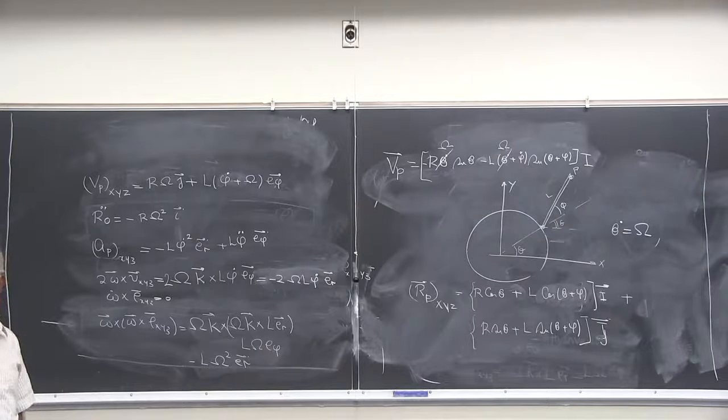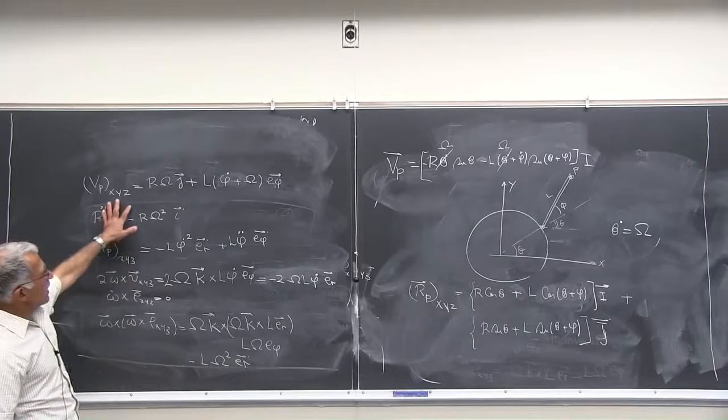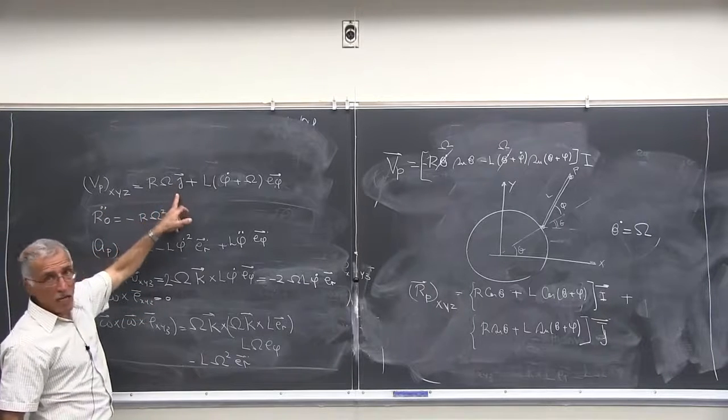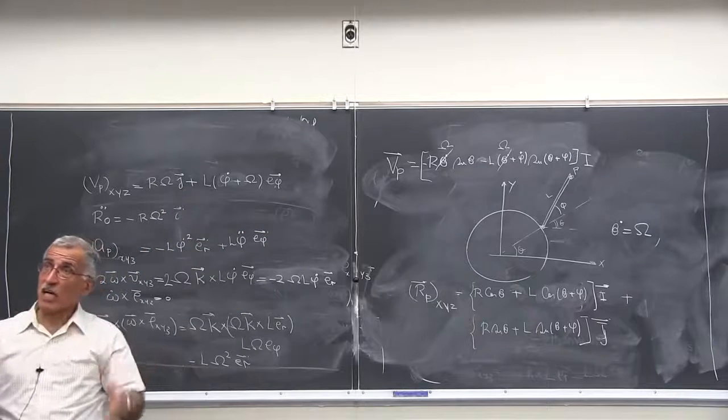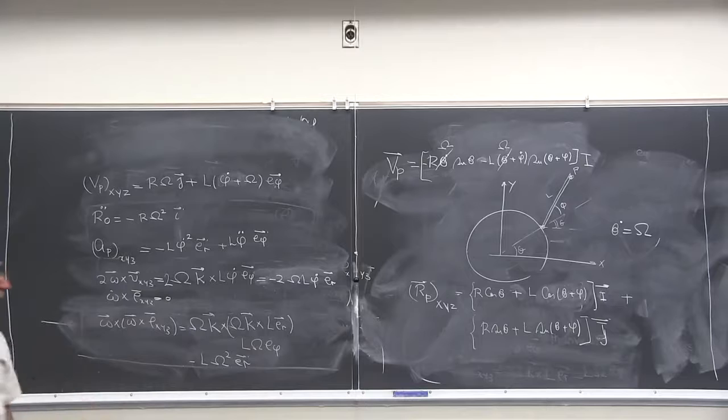Of course, in certain problems it's much more difficult to describe the position. And if you take the velocity that we just had here, put a small j and e phi with respect to capital I and J, you should get the same thing.